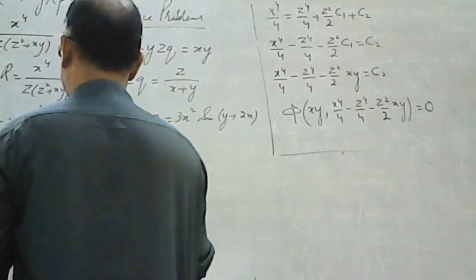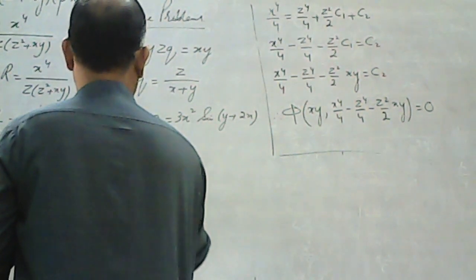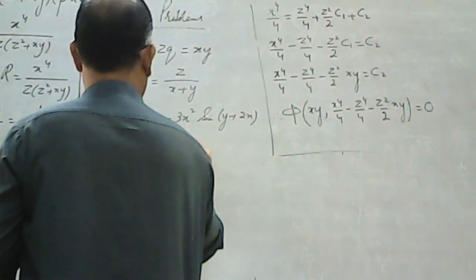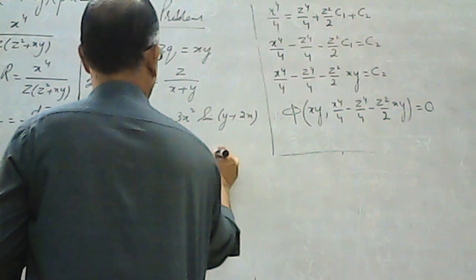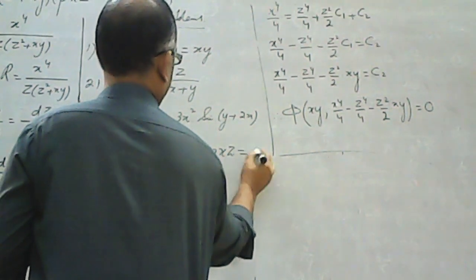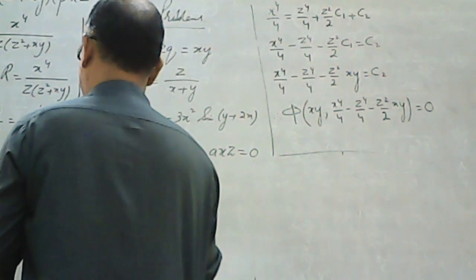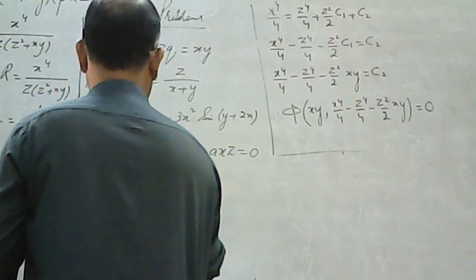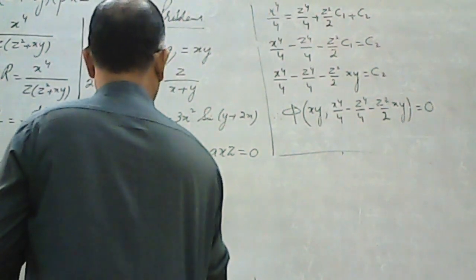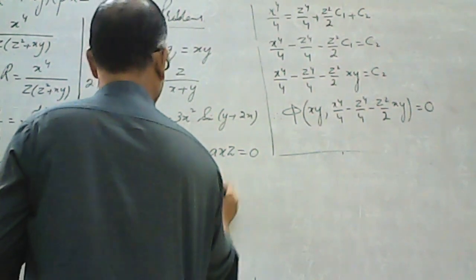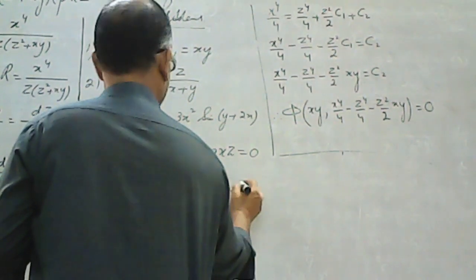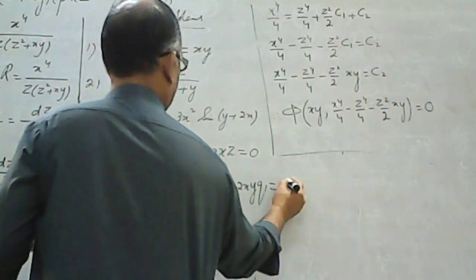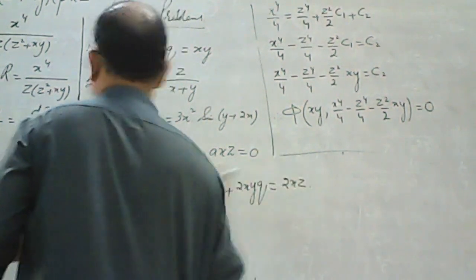Number 4, xy square p minus y cube q plus axz equal to 0. Number 5, x square minus y square minus z square p plus 2xy cube q is equal to 2xz.